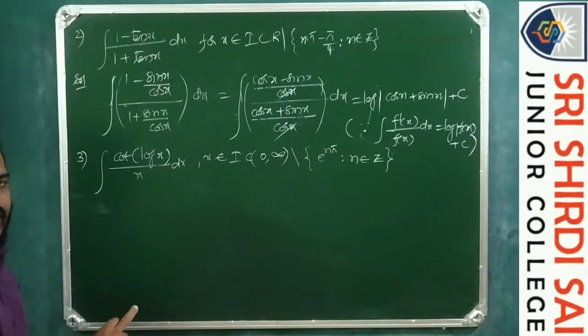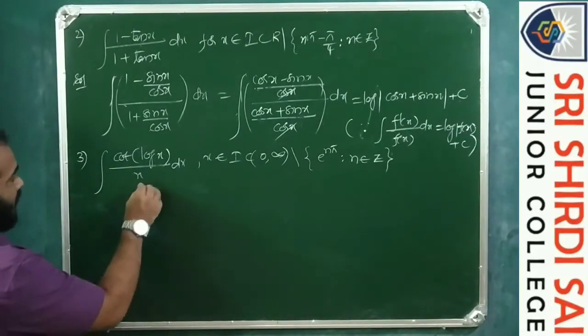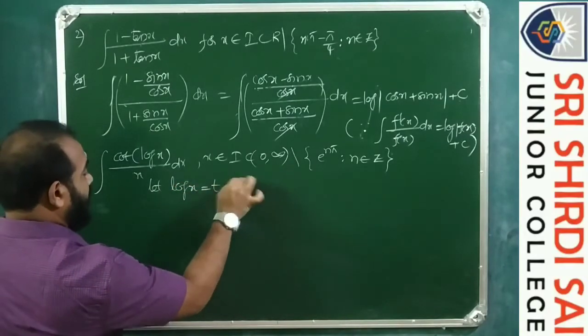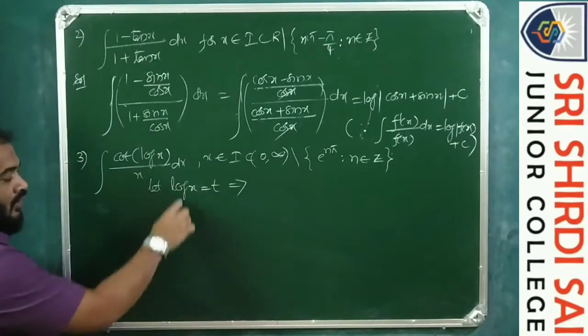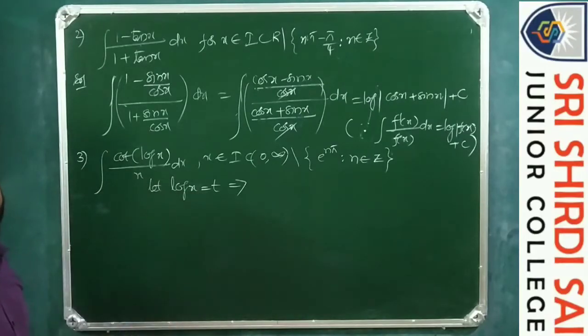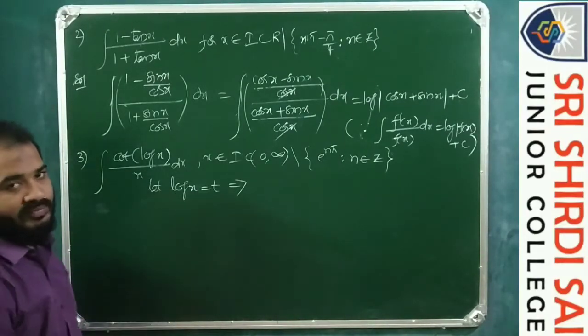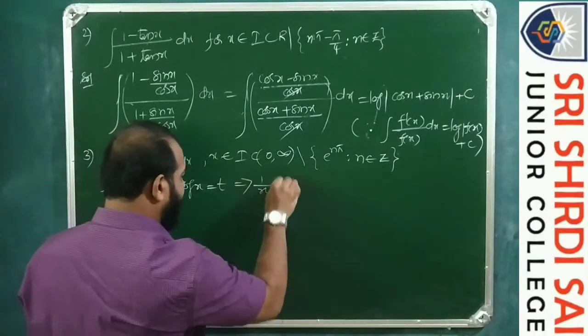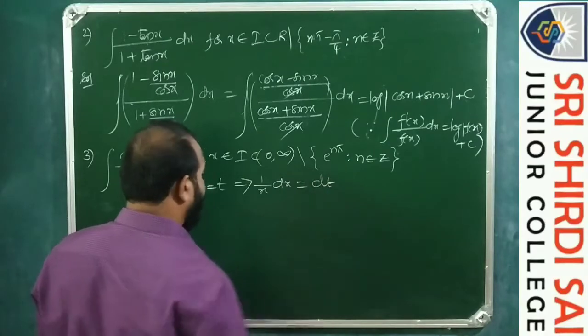That has to strike our mind. So let log x equals t. Whenever we go for substitution, the immediate thing that should spring to our mind is 1 by x dx equals dt.